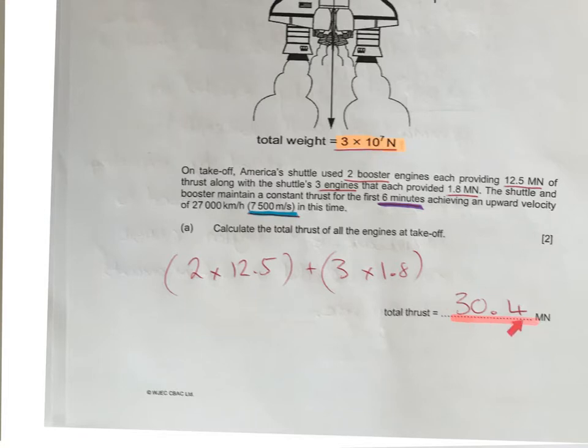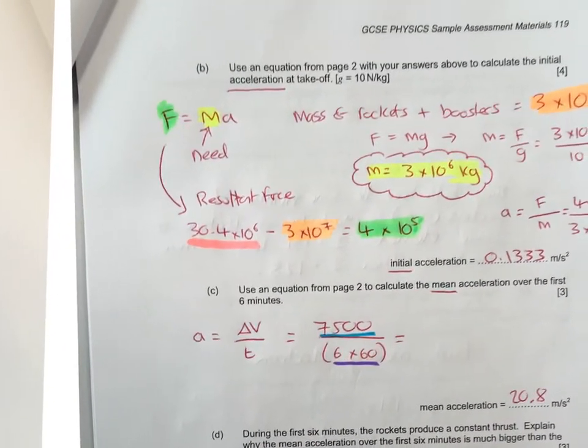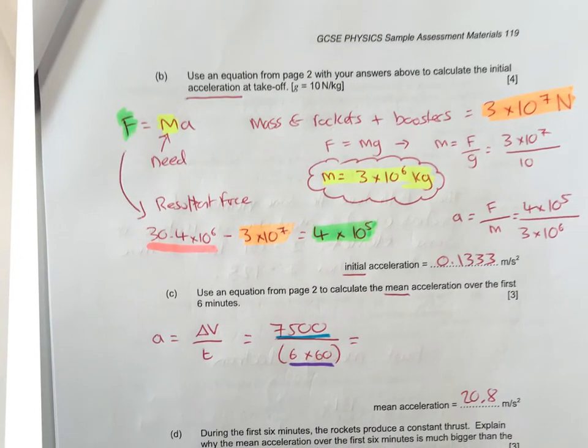So the total upward force is going to be 2 times this booster and 3 times this engine at 1.8, which gives me 30.4. Let's keep that, and that's why I've underlined it in pink. Now when we go to this one, using equation page 2, it's going to be F equals ma, because we want the acceleration. It's given us gravity here as 10 newtons.